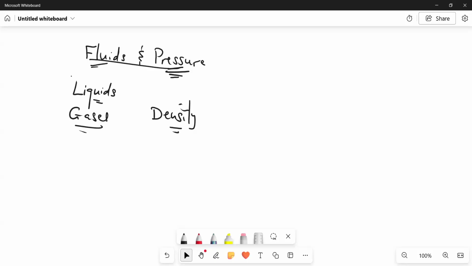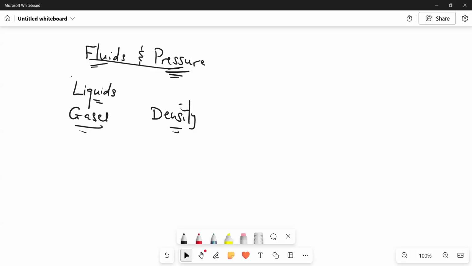It's a measure of how closely packed the particles, the molecules inside, are. The more closely they're packed, the denser the object is. The less closely they're packed, the less dense the object or substance is, right?